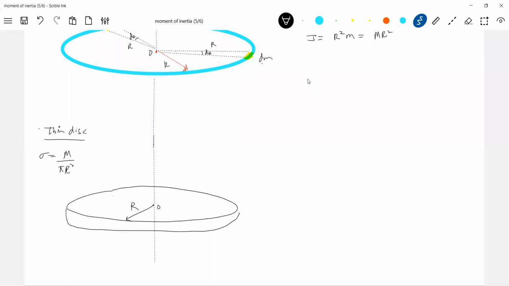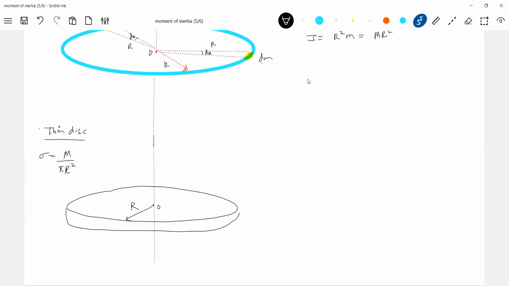This is the area density. Earlier we had lambda, mass per unit length. Here sigma, mass by area. What is the surface area of this? Pi r square. So sigma is kg per meter square, area density. Volume density is kg per cubic meter. So for different types of rigid bodies, you should define the densities properly.